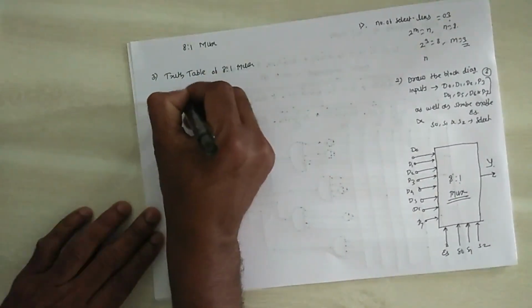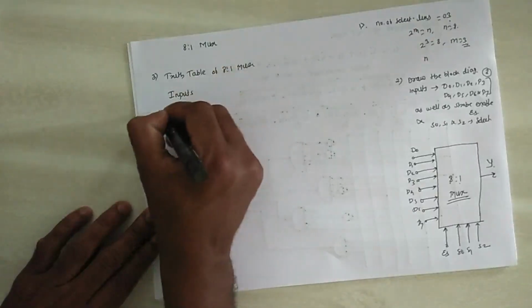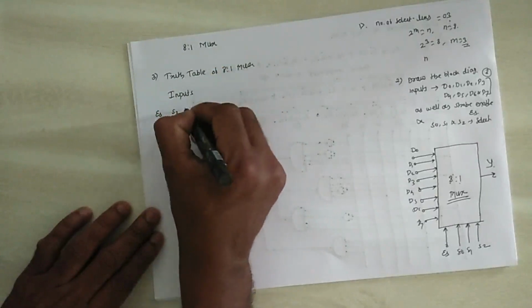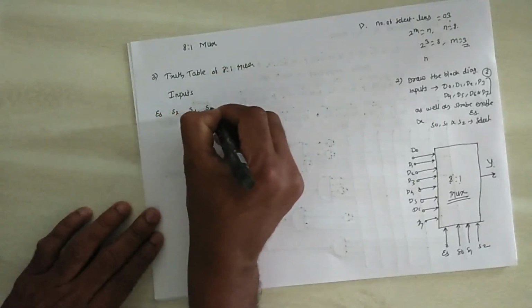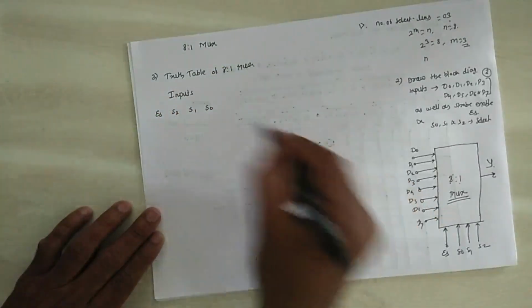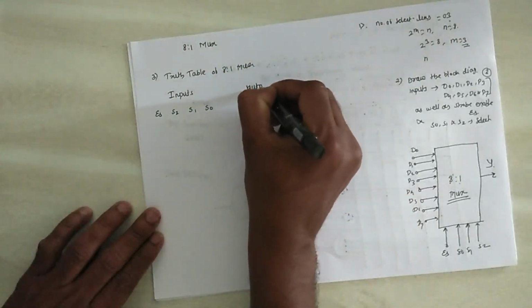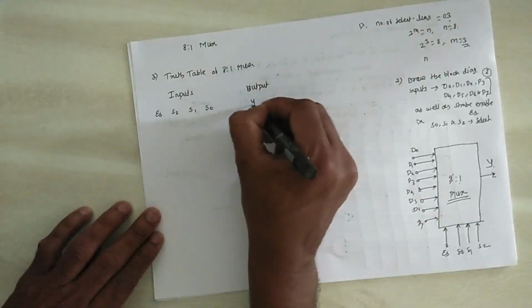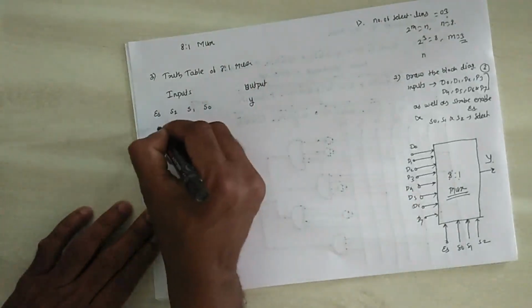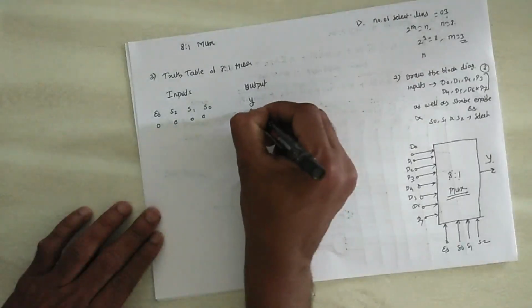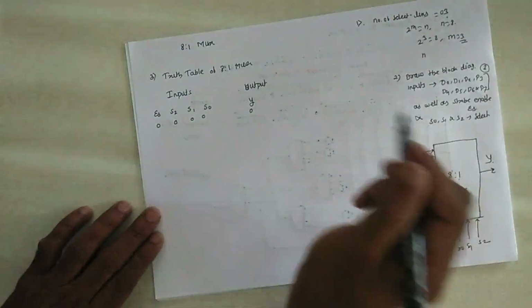The inputs are strobe enable, ES no doubt, S2, S1, S0 are the select lines which also act as inputs, and the output is Y, only one output. Assume this will be 0, this will be 0, this will be 0, output is also 0, or you can say don't care condition.